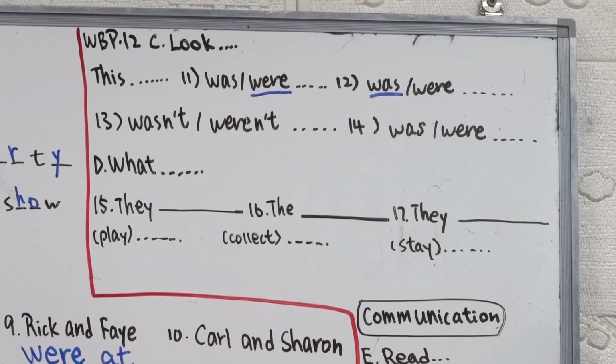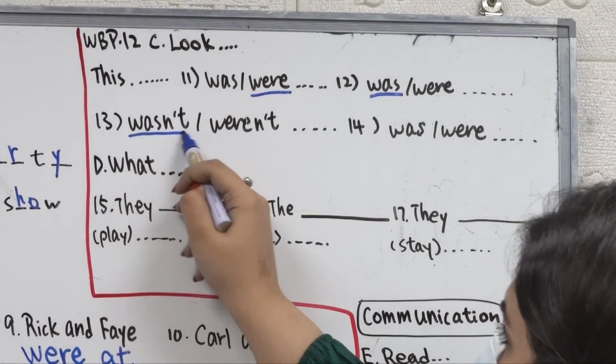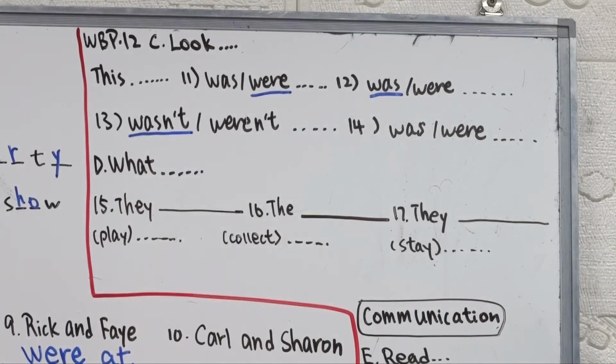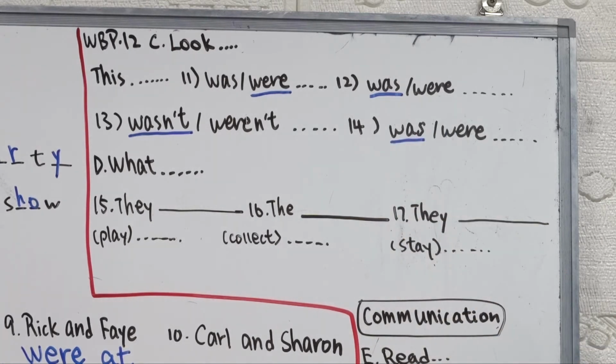There wasn't or weren't a hospital. A hospital. Wasn't. Singular. Alright. But there was or were a library and a post office. There was a library. A library is one place. That's why we use was.